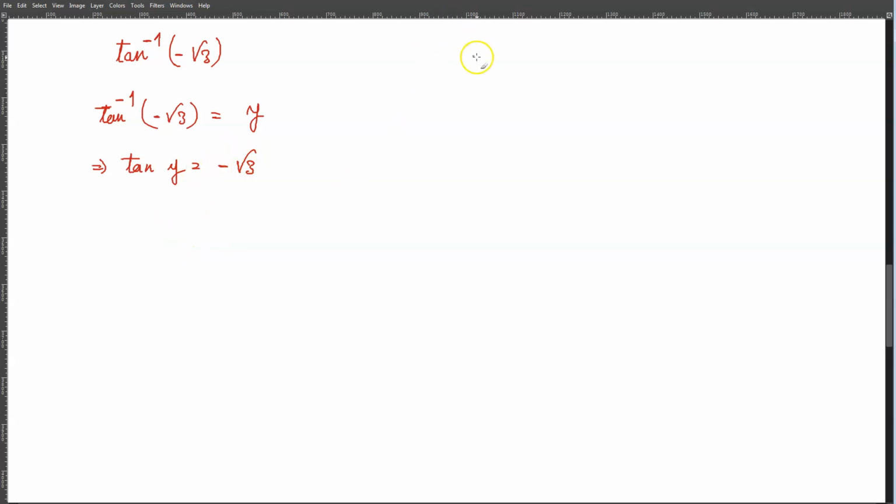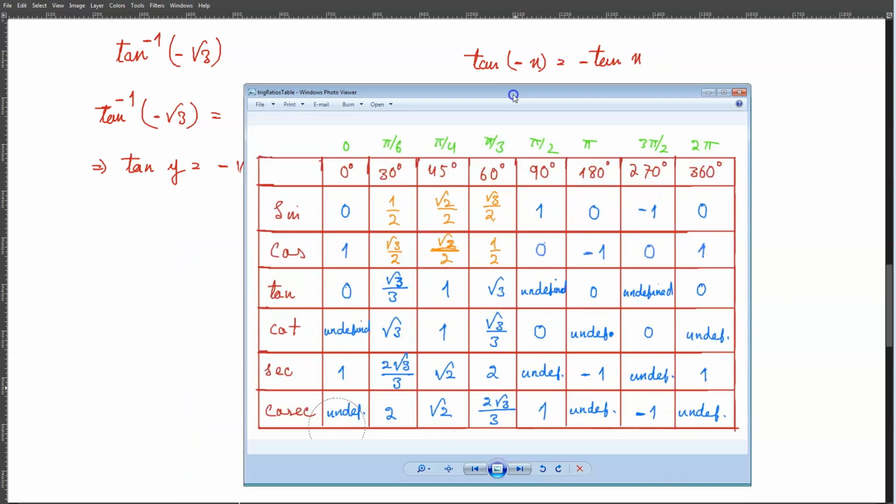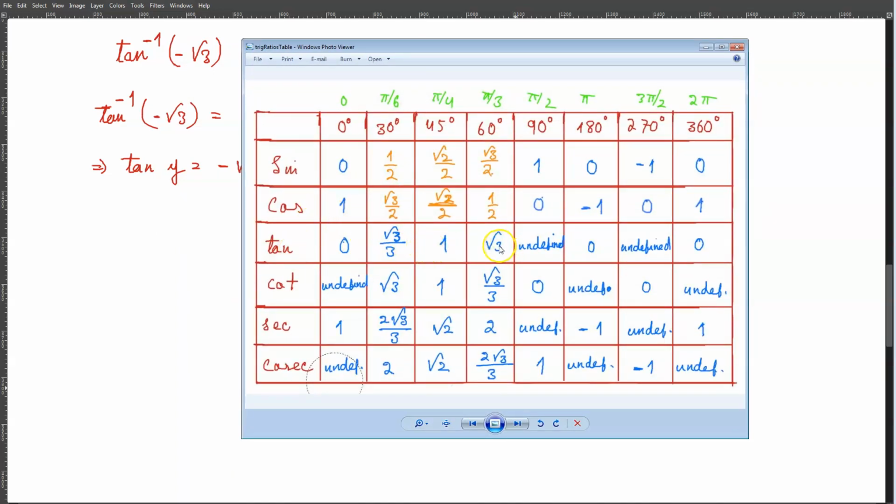Now I know that tan of negative x is equal to negative tan x, right? So what that means is that if I take a look at the tan function, the square root of 3 is related to the angle 60 degrees or pi by 3.